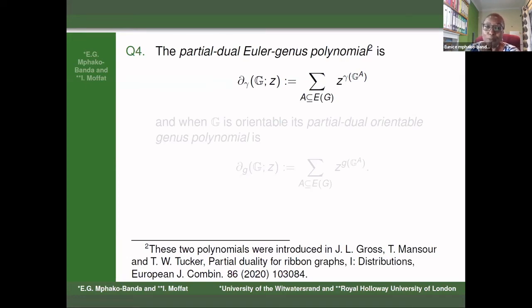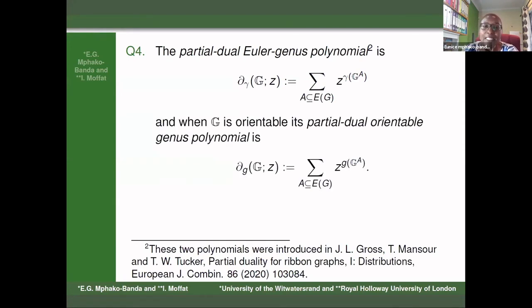And there are two polynomials. Once you have done that, there is a second polynomial. When G is orientable, the orientable graph which Prof. Moffat introduced, then we can introduce the partial dual orientable genus polynomial.